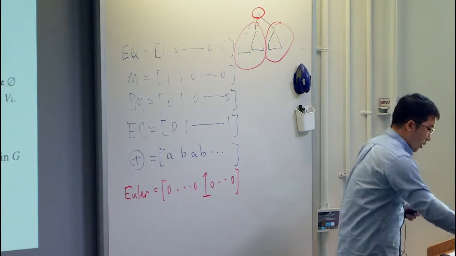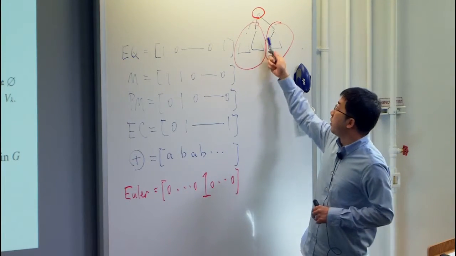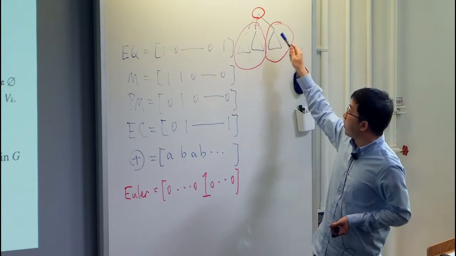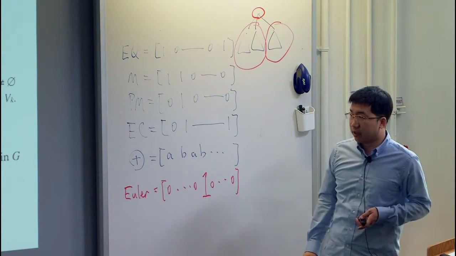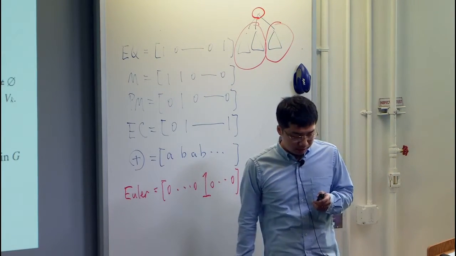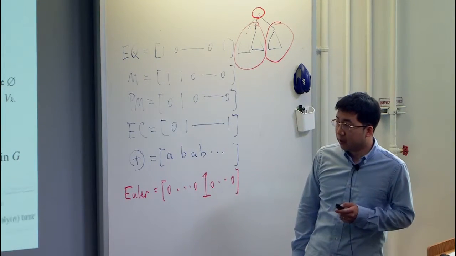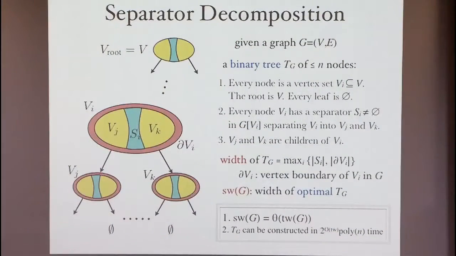So the width of this decomposition is exactly 1 because it's a tree. Okay. It's quite standard to prove that this notion of width is asymptotically equal to the tree width, and also constructing an optimal decomposition is fixed parameter tractable in tree width.